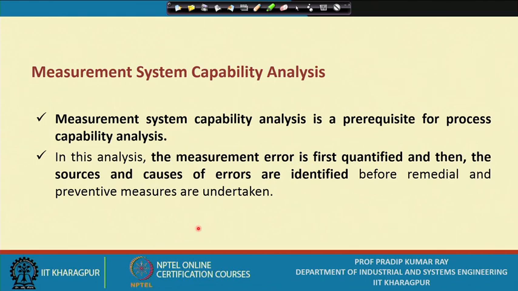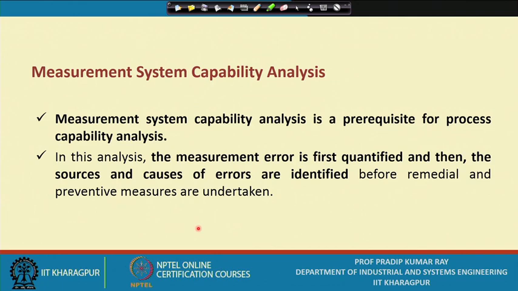If you say that the measurement system is highly capable, you have tested the measurement systems from several relevant perspectives, and then you say, now I will go for process capability analysis, and while I carry out process capability analysis, I will collect data, and while I collect data, I will be using a capable inspection system or measurement system.